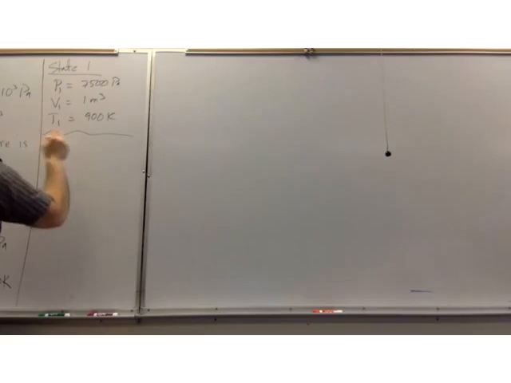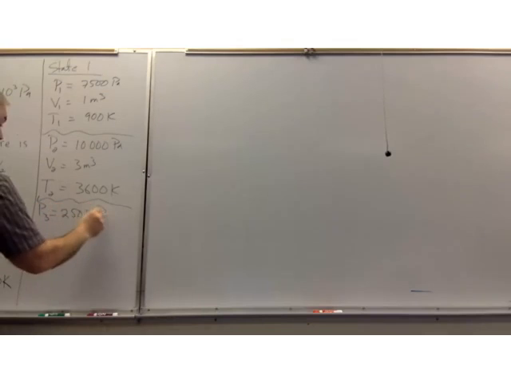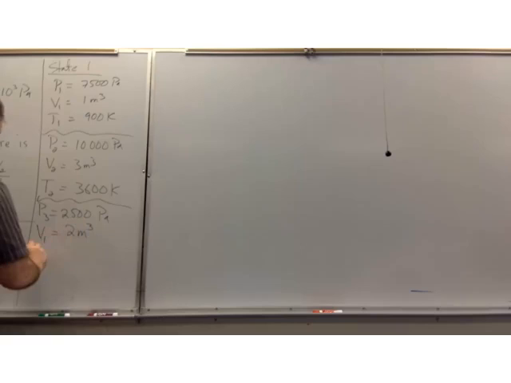State 2, we had 10,000 pascals, V2 was 3 cubic meters, and the corresponding temperature was 3,600 Kelvin. And state 3 was just 2,500 pascals, intermediate volume, and therefore a different temperature, just 600 Kelvin.